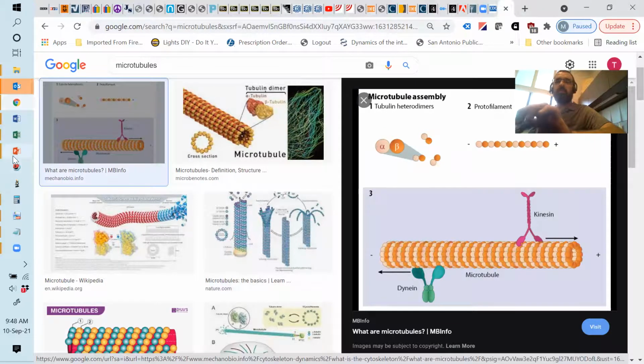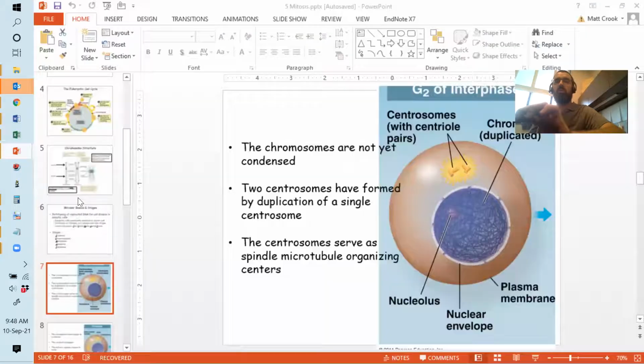Okay, so what else is needed? What has to happen as well? So first, we've got to get those centrosomes out. Exactly. We also need to condense these chromosomes, right? Because this is like a bowl of spaghetti, really hard to pull apart. So we have to condense the chromosomes down to be able to accurately partition them.